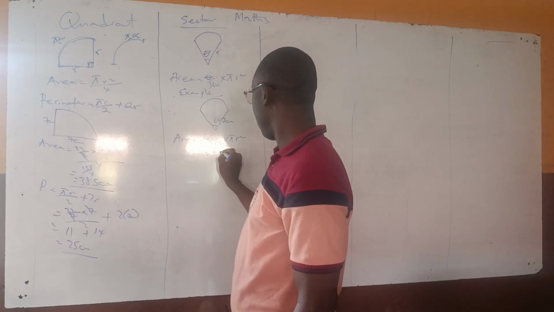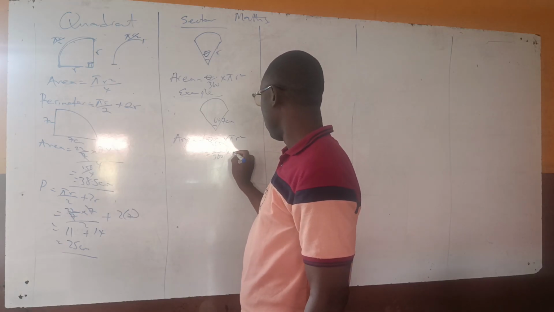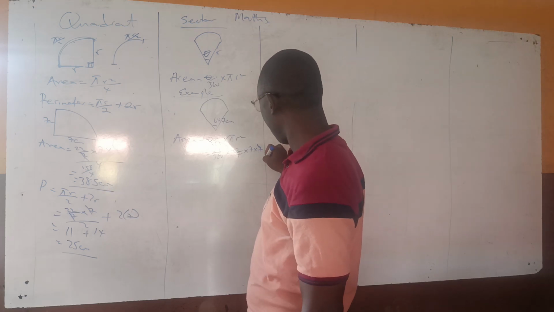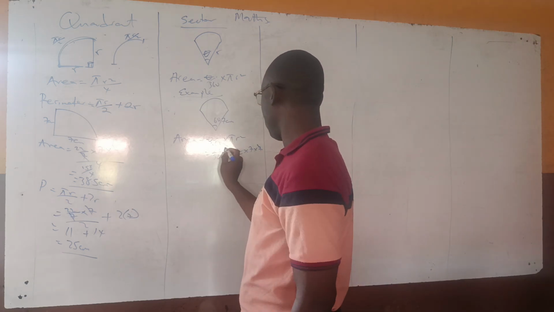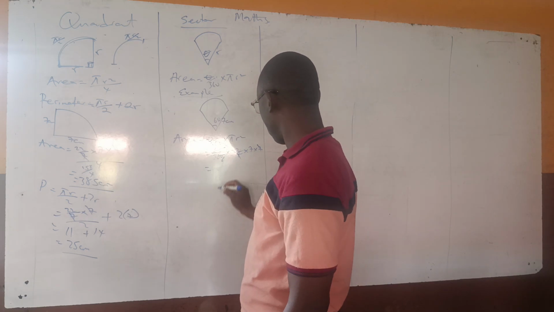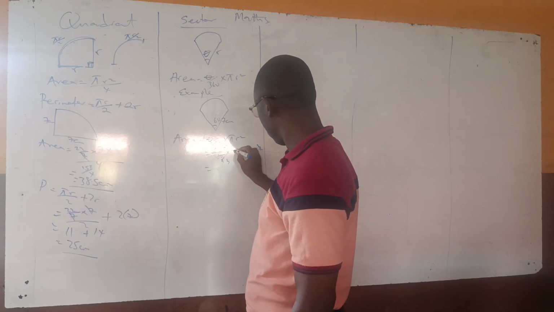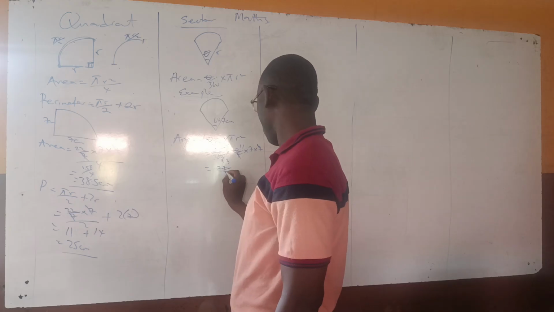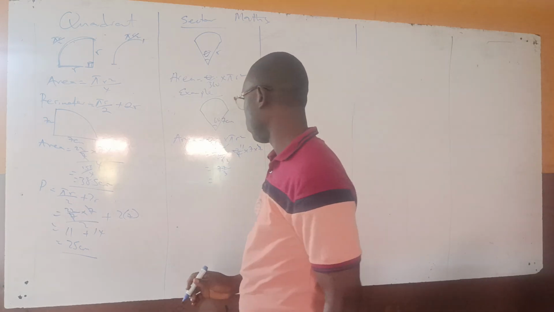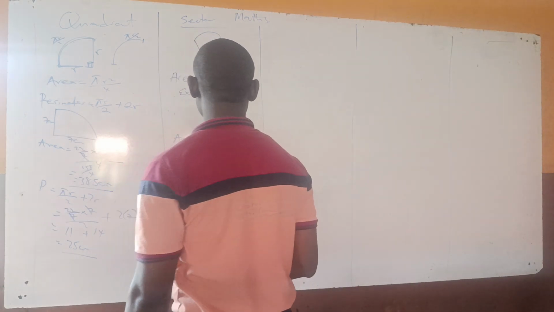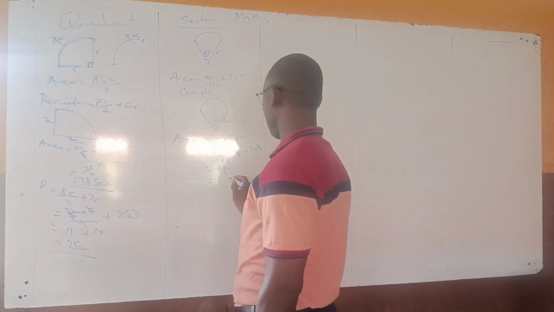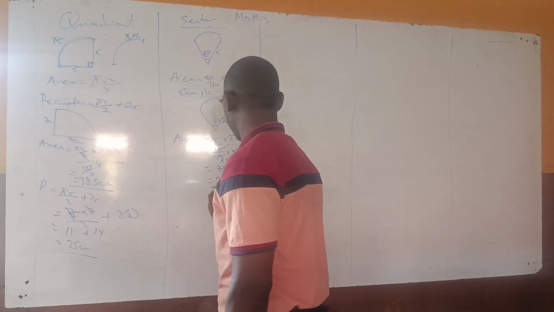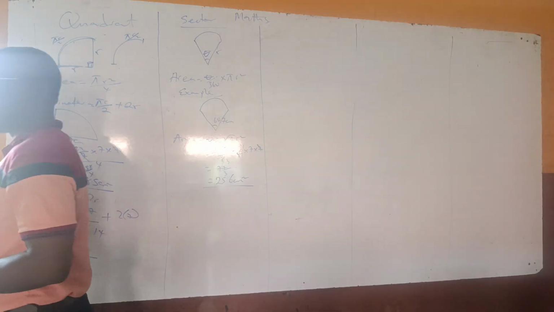Theta is what? 60 over 360 times 22 over 7 times 7 times 7. So that's 77 over 3. That's what? 25.6 centimeter square. Okay?